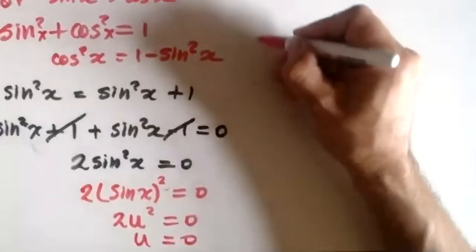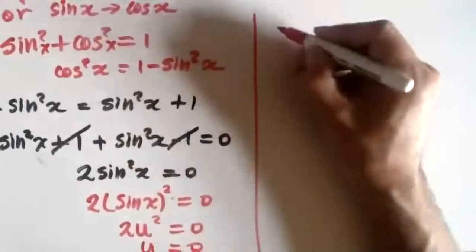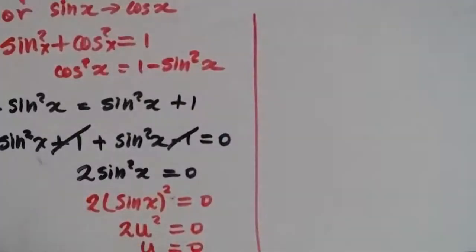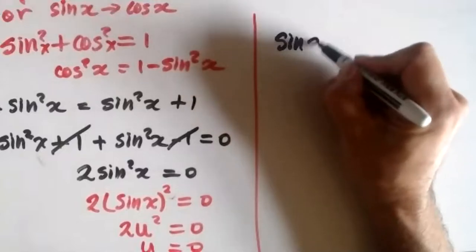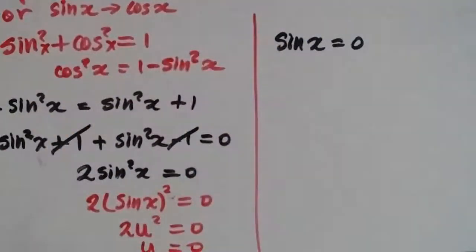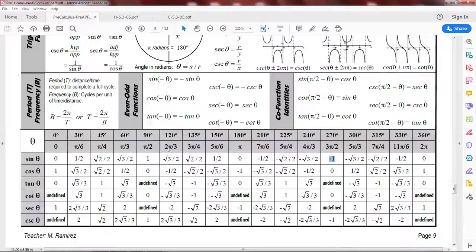So if you return to your trigonometry, you know that, okay, sine of x equals 0. For what value sine of x equals 0? Okay, let me see. Formula booklet. Okay, right here. So sine is 0 for 0, and it's going to be 0 for pi and 2 pi.